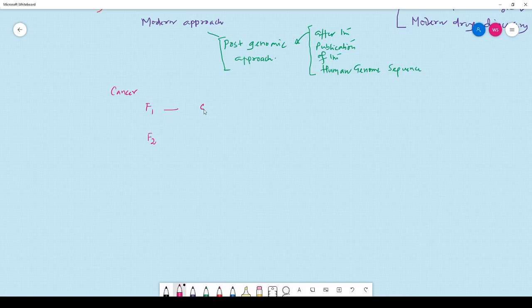Friend 1 has got cancer, and friend 2 doesn't have cancer. Let's say the nature of cancer is that it is a solid tumor, meaning biopsies are feasible. So the cancer has advanced enough for us to do biopsy.